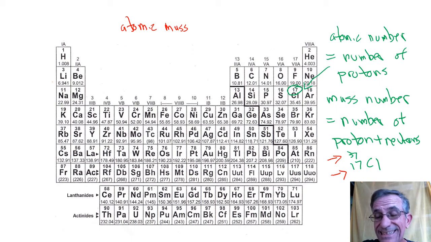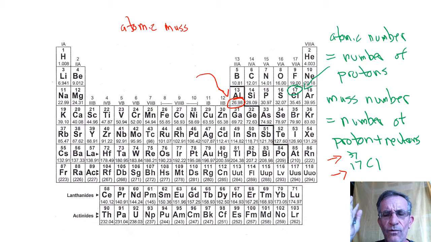In fact, it's the other number you've been seeing on the periodic table. So for aluminum, do you see where it says 26.98 here? That number is called the atomic mass. Don't confuse it with mass number, two different things. It's the average weight of an aluminum atom, 26.98.